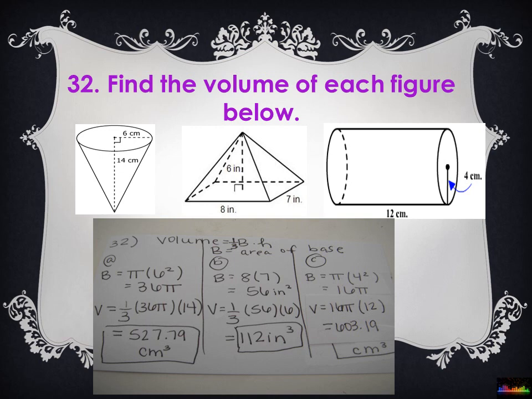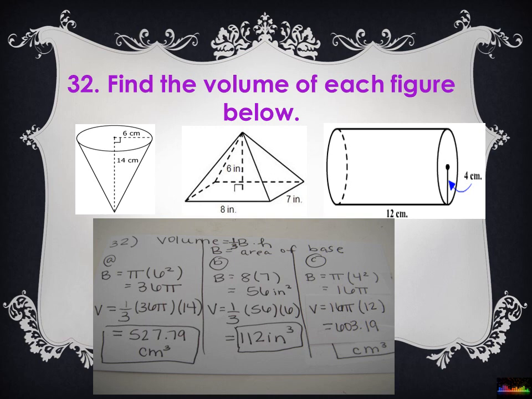So for the first shape, our base is a circle. So the area of the base is pi r squared. When we put in our radius for the cone, we get 36 pi to be big B, or the area of our base. We will then do 1/3 times 36 pi times our height, which is 14.